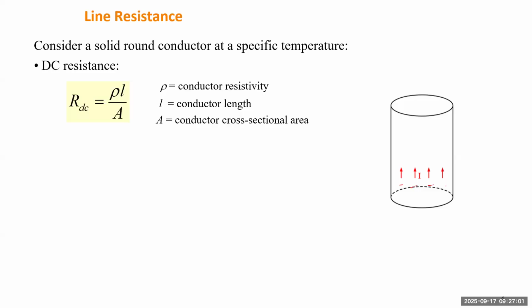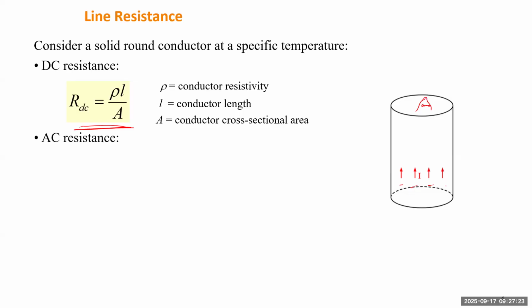We call that DC resistance. DC resistance is based on this formula. The rho is the conductor resistivity. L is the length of the conductor. So the longer the line, the bigger the resistance. And A is the cross-sectional area, which is basically this area.